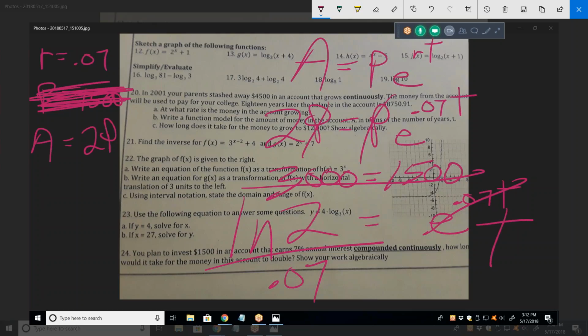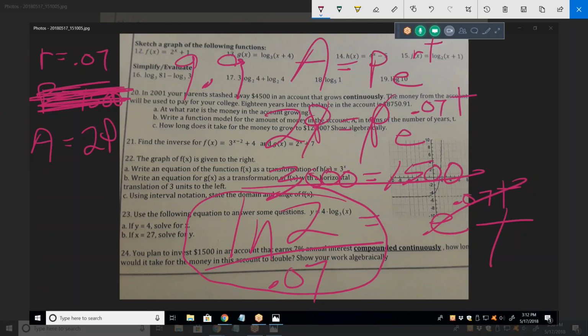So whatever that number is, ballpark figure, 8 years, 10 years, somewhere in between. What is that number? So it's about 9.9. So at a 7% interest rate, compounded continuously, it doesn't take as long as you think to double it.